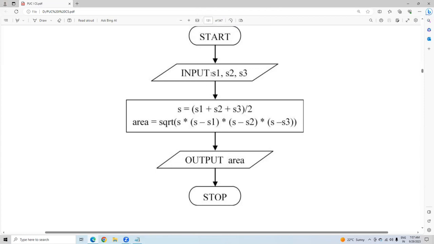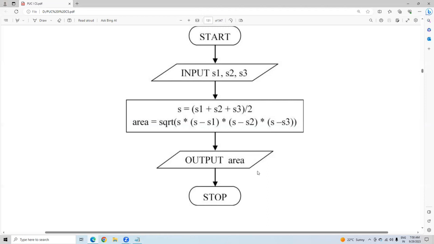Where here, as per these two formulas, they need input of S1, S2, S3. So input S1, S2, S3 by using input box. And in the compute box, they are writing both the formulas, then printing the area. That means what is happening?